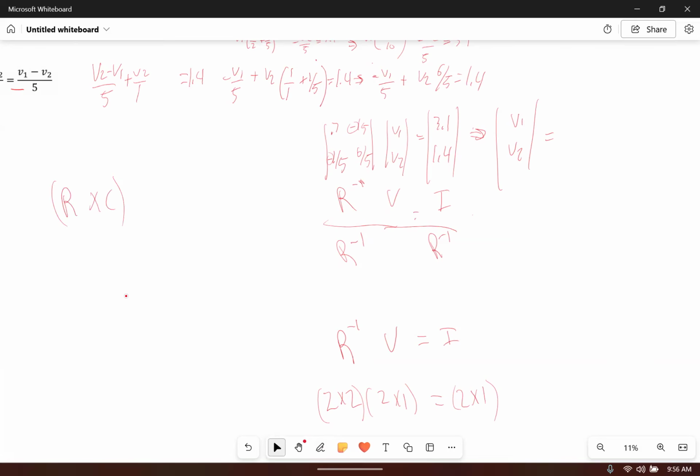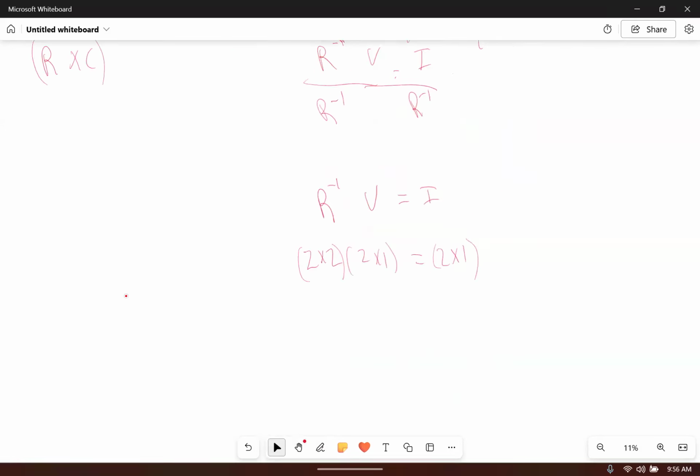Now, for matrices to be able to be multiplied, the inner dimensions must be exactly the same. And in this case, it's good that they are, right? It's 2 by 2. And the resulting multiplication is the outer dimensions, which is a good thing because we said a 2 by 1 is on the right-hand side. We should have a 2 by 1 when we multiply it out.